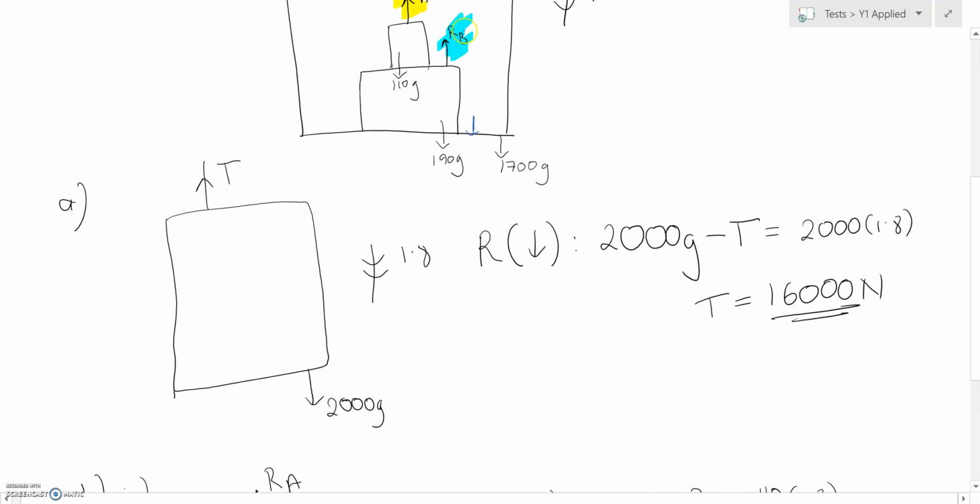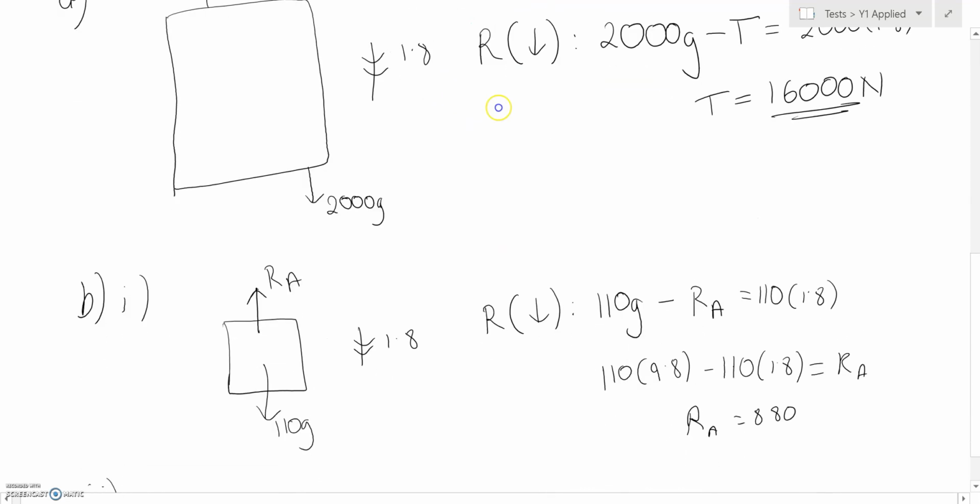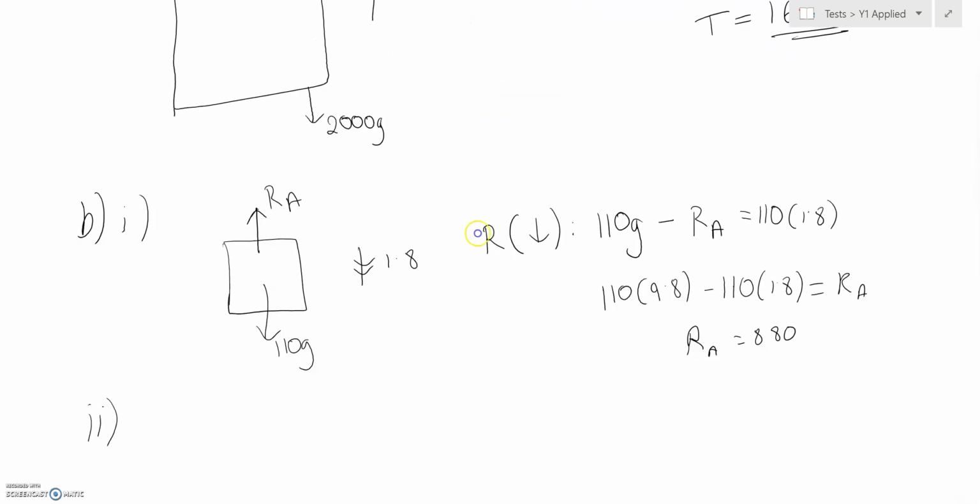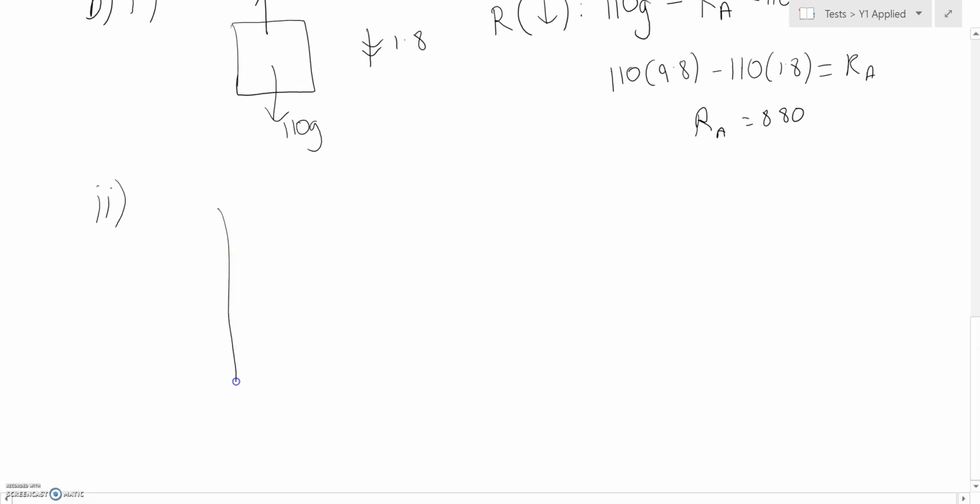So RB, the force exerted by the lift on box B, is the same as the force exerted by the box on the lift. To answer this, I'm going to look at the lift. Generally in these kinds of questions, it's best to avoid looking at box B.